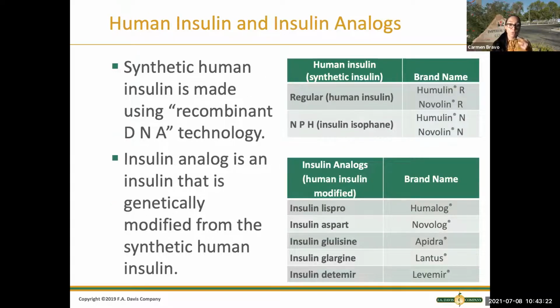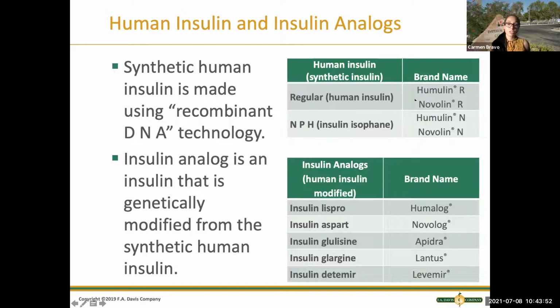We have two different types of insulins. One is called synthetic human insulin, which is actually made out of DNA technology. As you can see on the right side, the two types of synthetic human insulins are regular human insulin or NPH, which is insulin isophane.